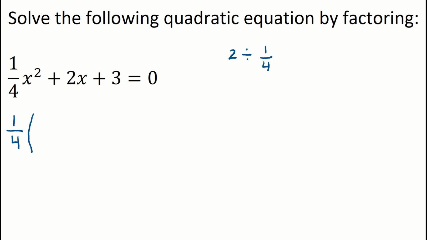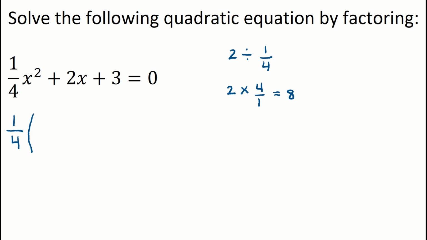And remember, when you are dividing fractions, you keep, change, and flip. So keep the 2, change the division sign into a multiplication, and then flip the last fraction into a 4/1. So 2 divided by 1/4 is just equal to 2 times 4, which is going to be 8.